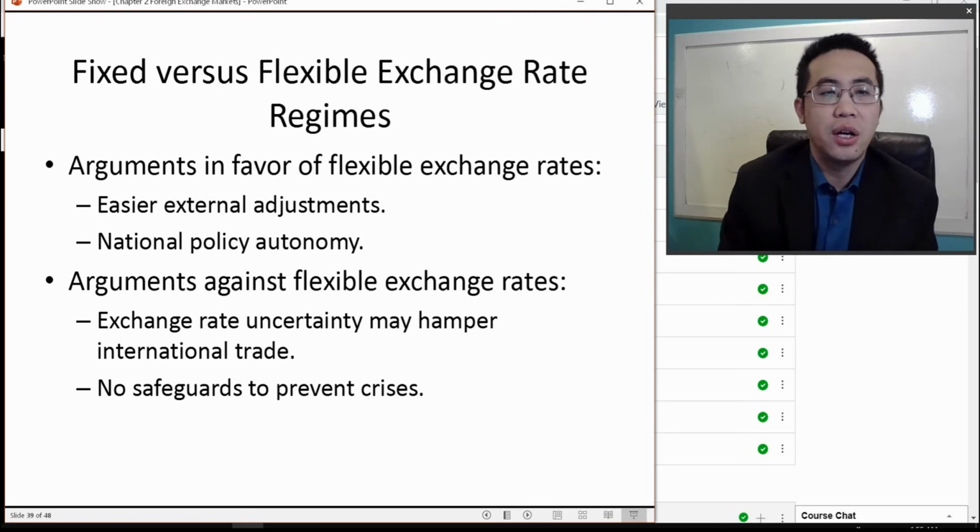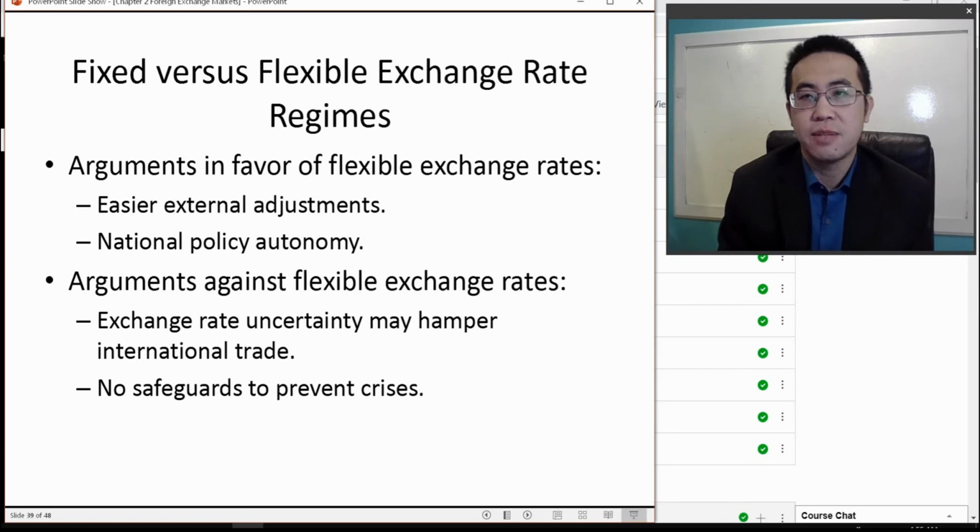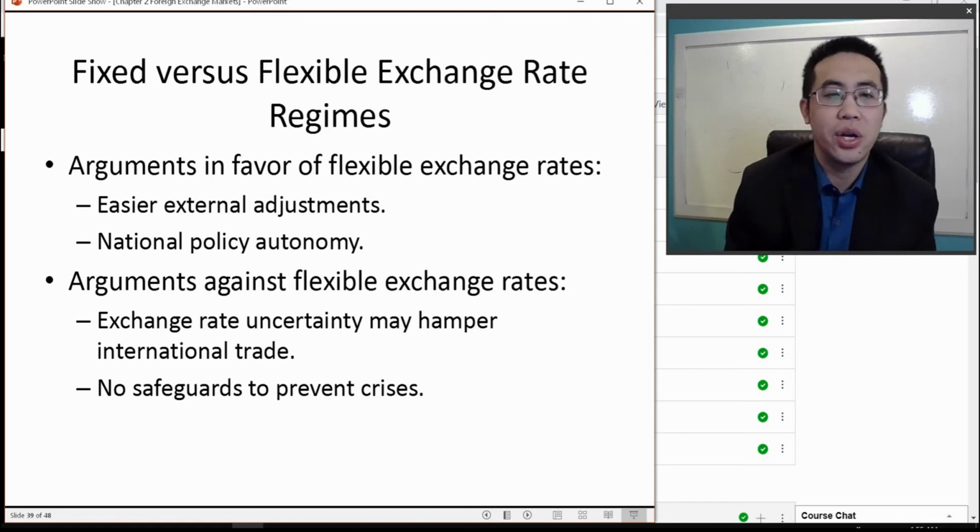And there are also arguments against a flexible exchange regime, or you can see that as an argument in favor of a fixed exchange regime. Under the flexible exchange regime, the exchange rate is uncertain, and this could affect international trade.